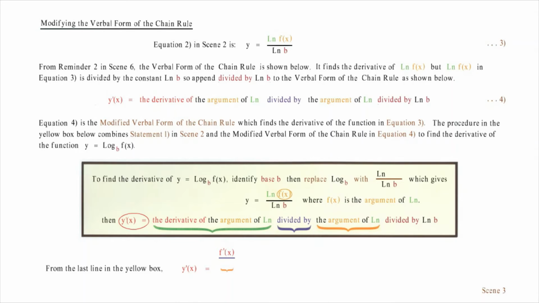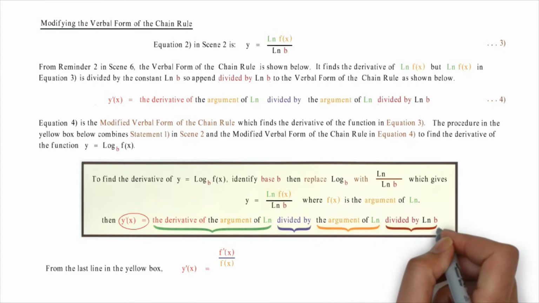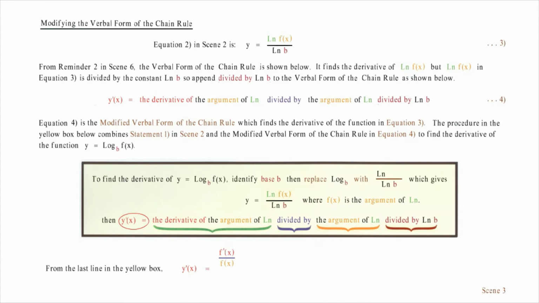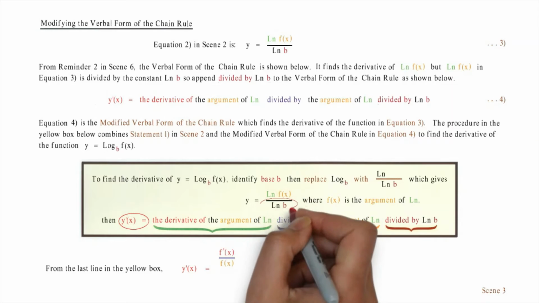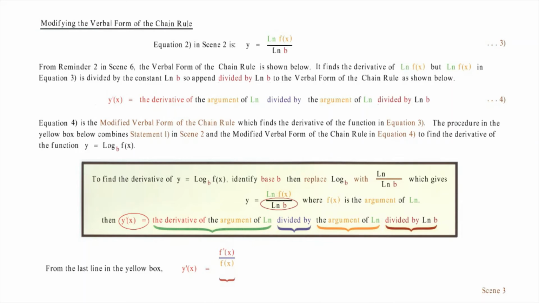So substitute f of x divided by ln of b.